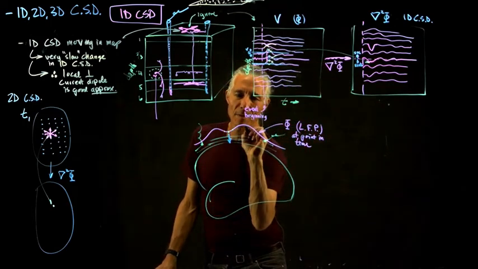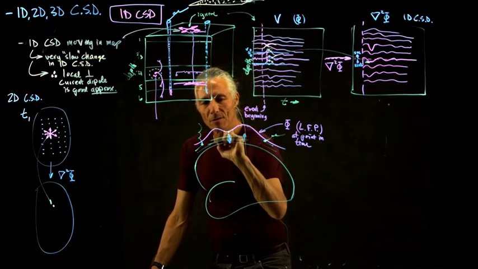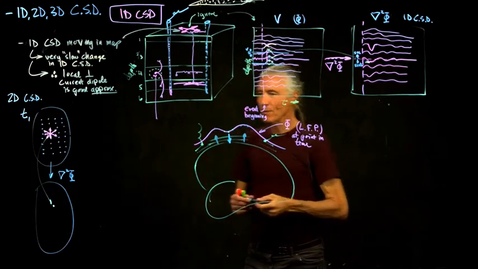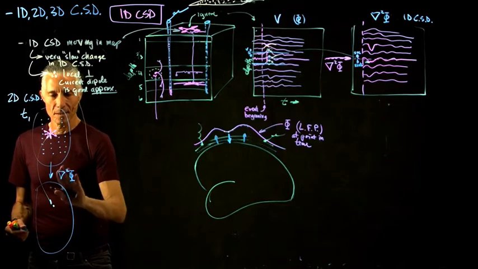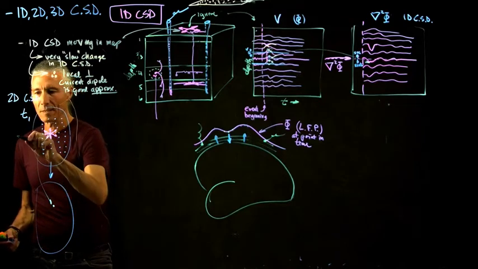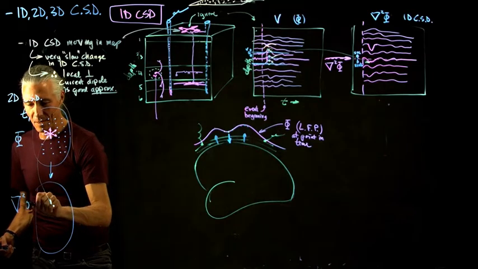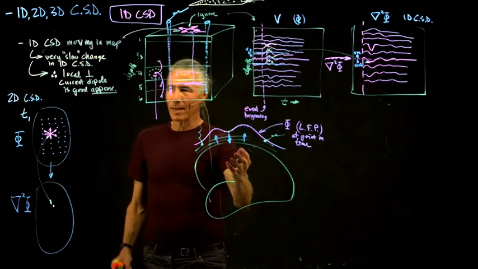Whereas this guy, compare that one to its neighbors, that guy's a source, and here's another source over here. So generally, this is the potential, and here's the Laplacian of the potential. When you look at the current source density, it's going to be more complicated.